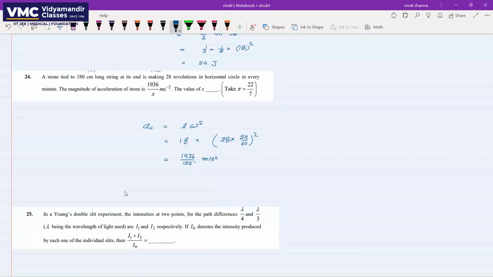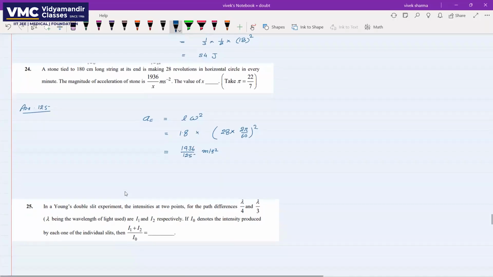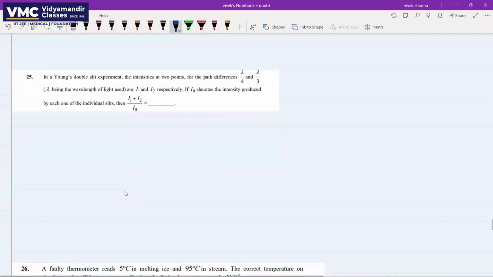Answer will be 1936 by 125. Now moving to question number 25. Question number 25.